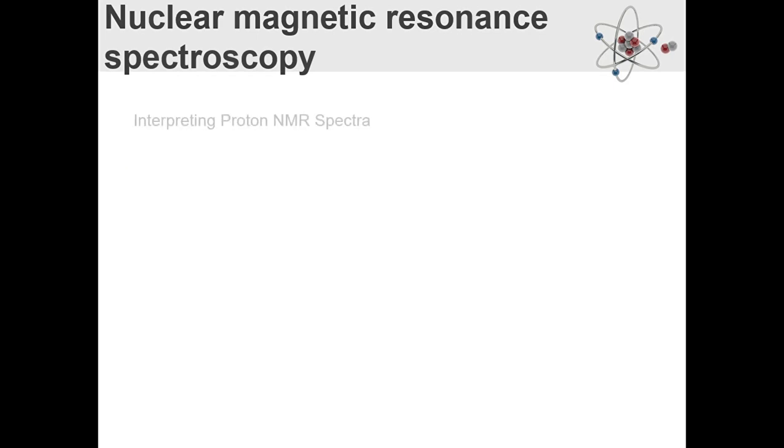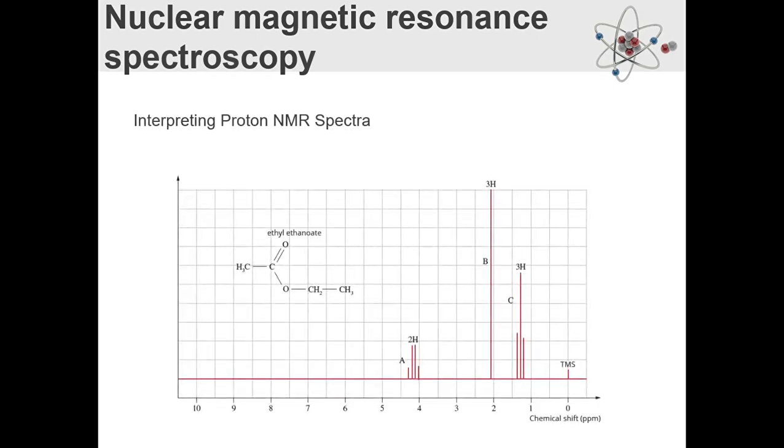Let's put our skills into practice. This is ethyl ethanoate. Now, there are 3 peaks here. This is a quartet with 2 hydrogens attached. This is a singlet that's worth 3 hydrogens. And this is a triplet, which is worth 3 hydrogens as well.